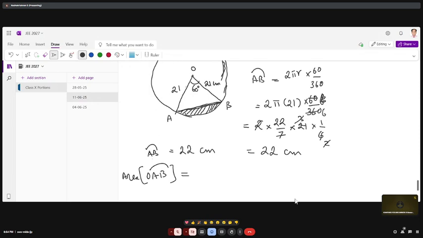This area, OAB, minus triangle OAB is what is needed. Then that will give the area of the segment. So you have to find out the sector. Okay, this is called a sector. Sector OAB. What is the area of sector OAB?